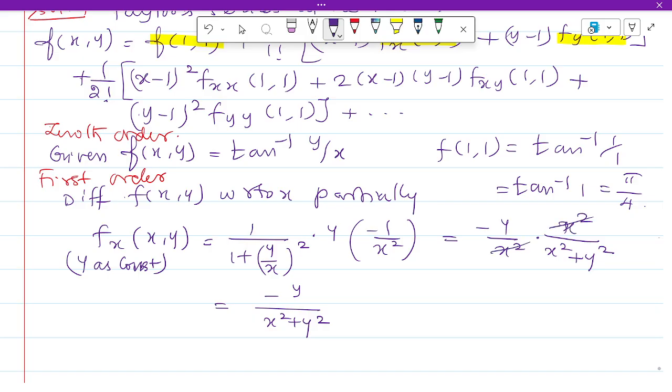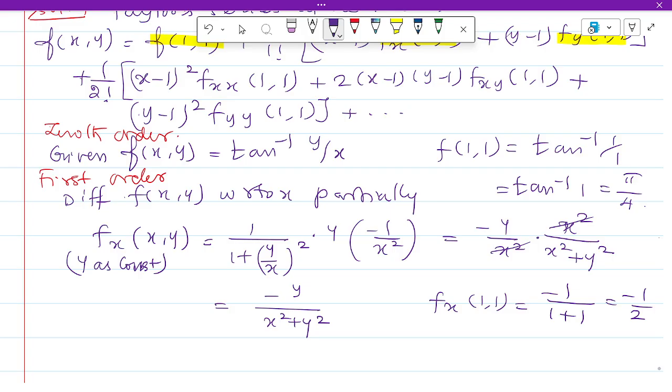That x square gets cancelled, then minus y by x square plus y square. Now you have to find fx of 1 comma 1. That means you have to substitute x equal to 1, y equal to 1: minus 1 divided by 1 square plus 1 square is minus 1 by 2.